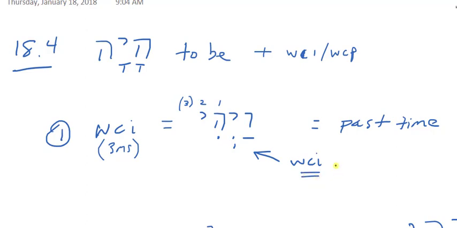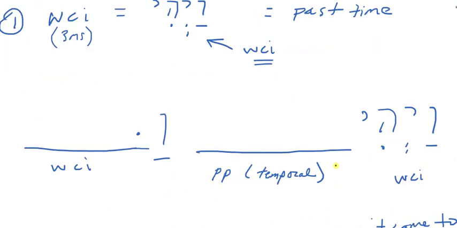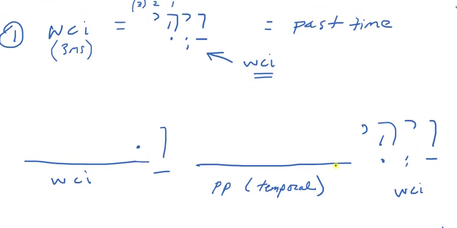And it's going to be used in context like this. I'm going to see a sentence where I have Vayhi at the front, WCI of Haya, plus a prepositional phrase following it, and that will usually be indicating a temporal idea, when something happened on that day or at that hour.